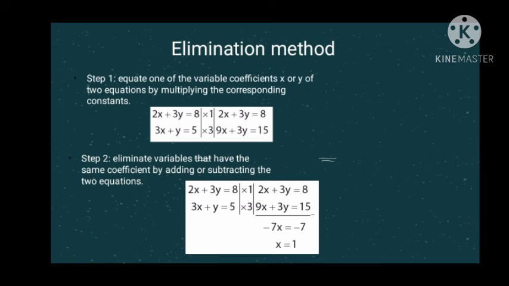The problem is the same as the substitution example earlier. 2x plus 3y equals 8, we multiply by 1, which becomes 2x plus 3y equals 8. Next, 3x plus y equals 5, we multiply by 3, which becomes 9x plus 3y equals 15.